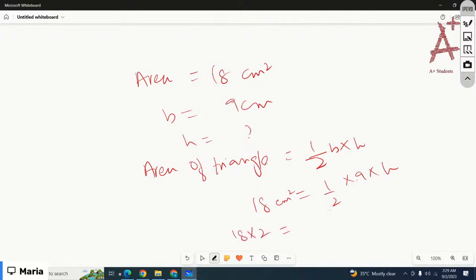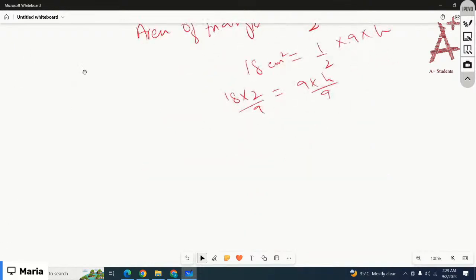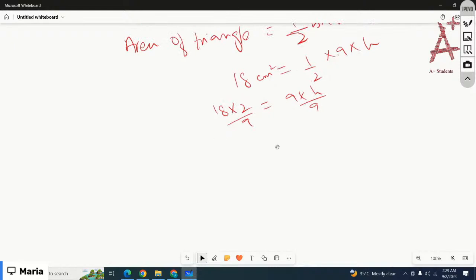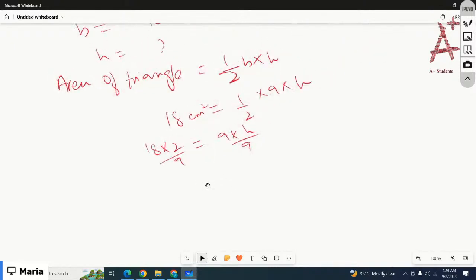It would be 18 times 2 and 9 times h. When you divide both sides by 9, 9 and 9 cancel out. 9 times 4 is 36, so the height is 4 centimeter, right?